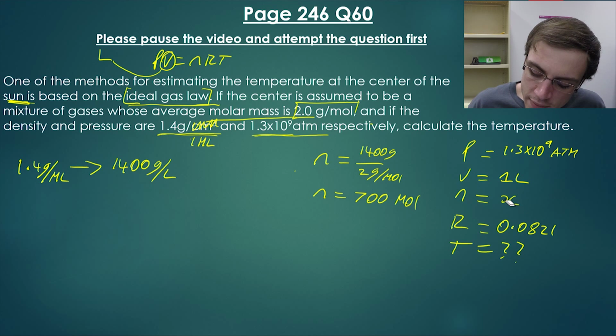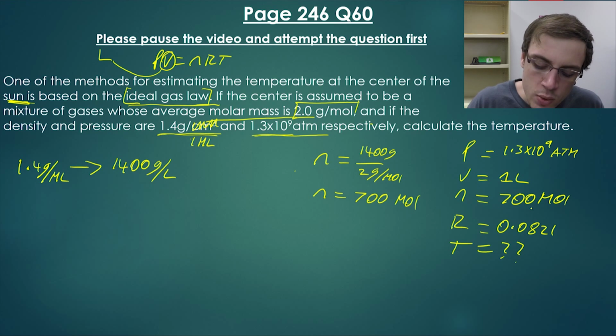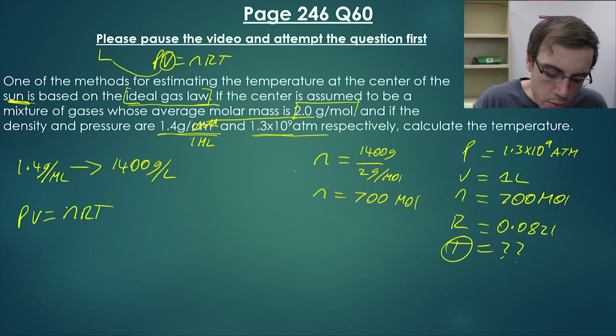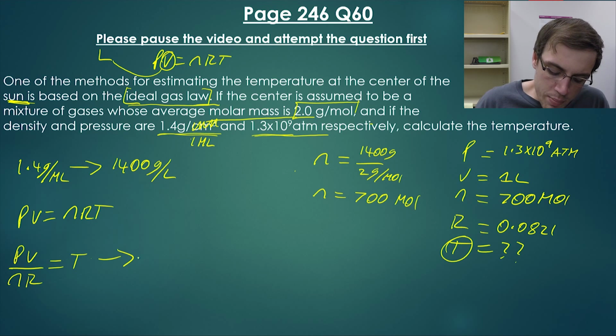So now that we have our moles, which is 700 moles, we can now use our ideal gas law. Again, we want to calculate the temperature. So I'm going to move our moles and constant over. Now we plug and chug.